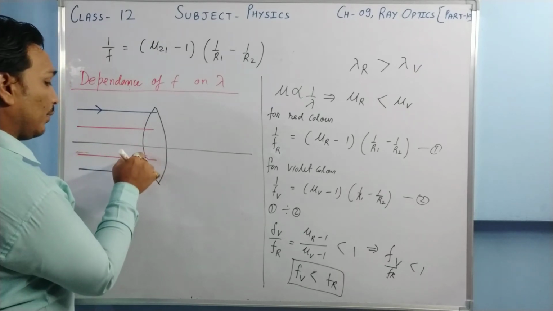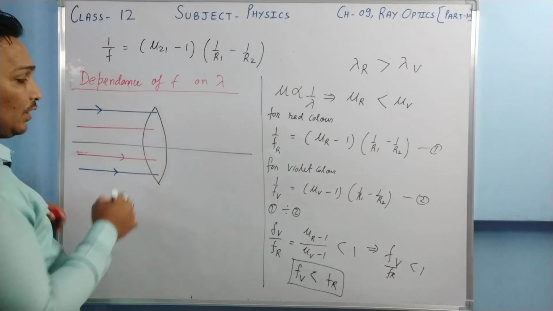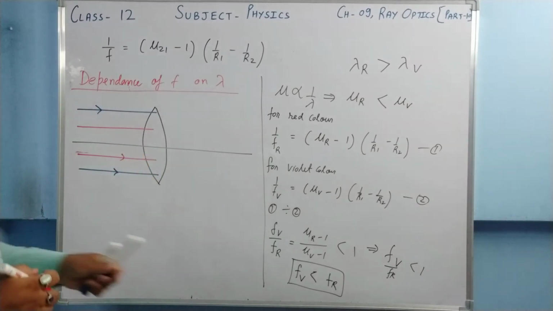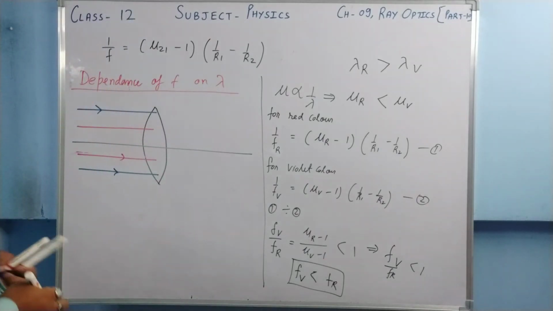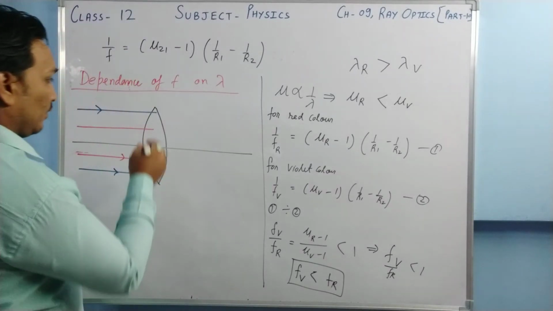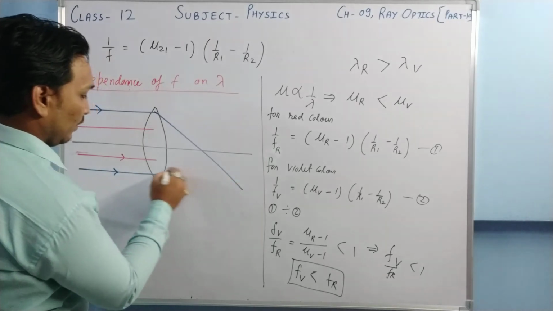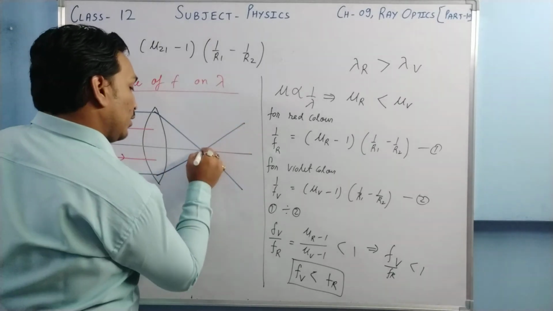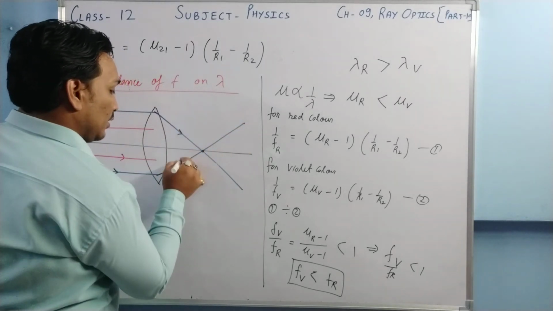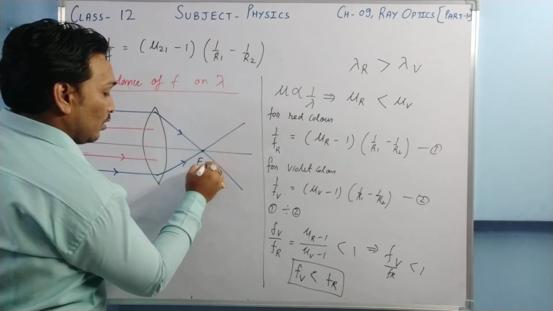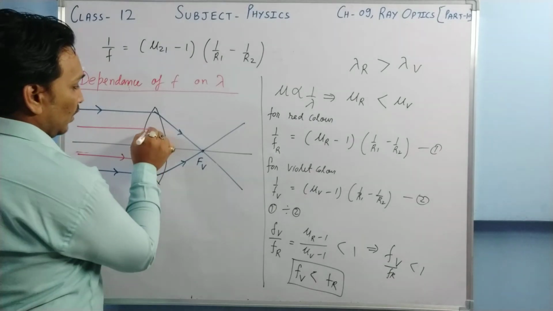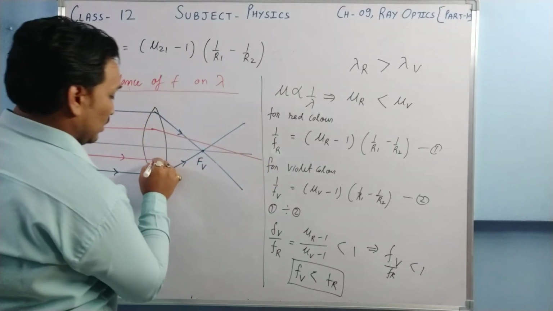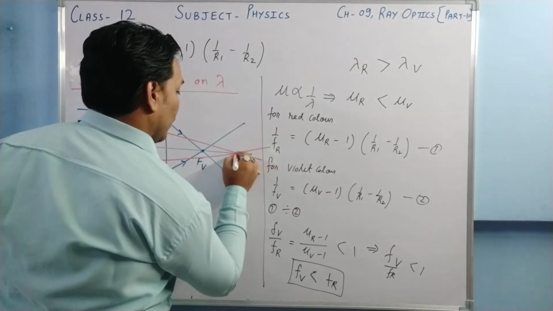As per the mathematical calculations, the violet color focal length is less than the red color focal length. It simply means that the violet color will converge at the principal axis somewhere nearby the lens, whereas red color will converge a bit far away.